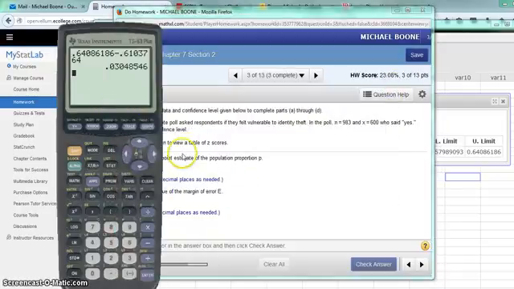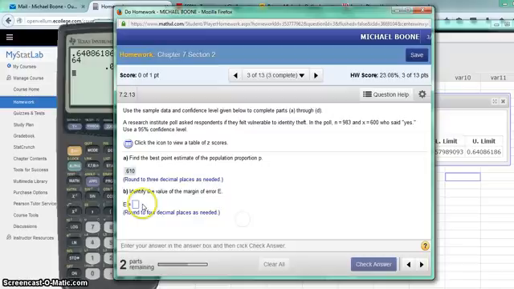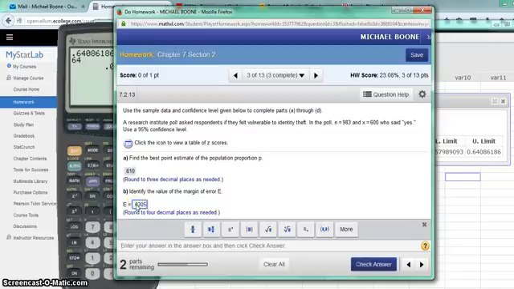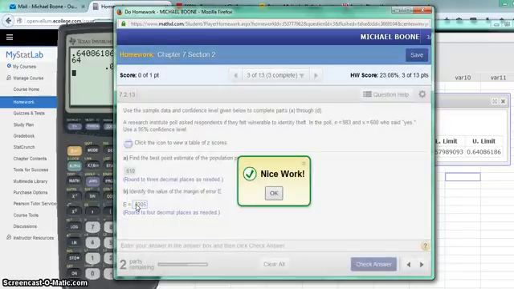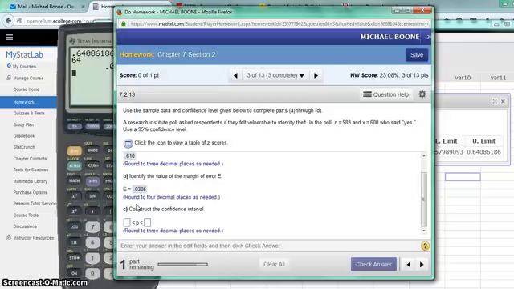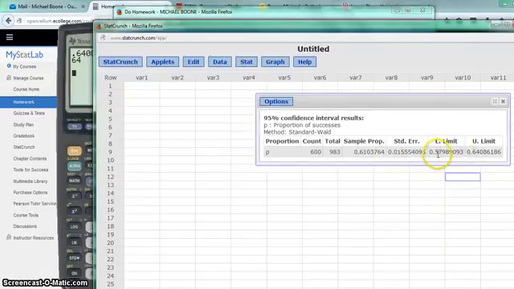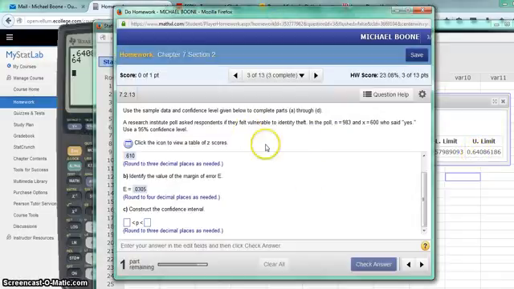And 0.0305 looks to be about right. And so that is our margin of error. Again, here's your confidence interval. It's 0.5799 to 0.6409. So that will help you with part B of number 3.